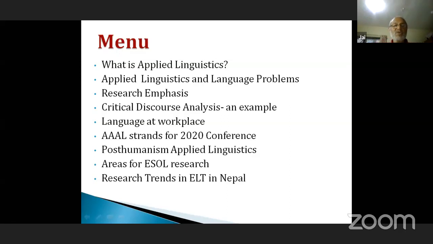And then we'll also talk about the strands, how they have expanded, and then go to the macro level through the American Association of Applied Linguistics 2020 conference. Some of you have applied to this conference also, you know the strands that they have put in there. And we'll talk a little bit about post-humanism in applied linguistics, which is now in discussion.